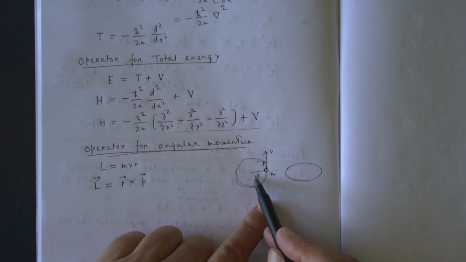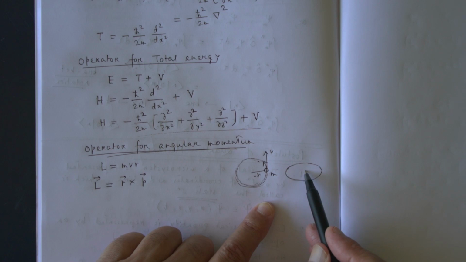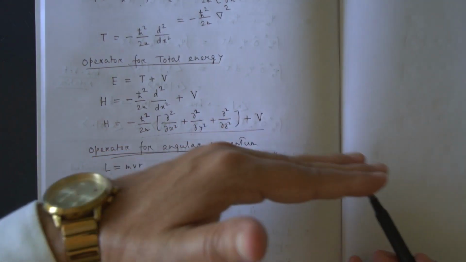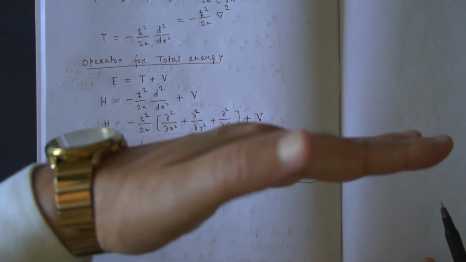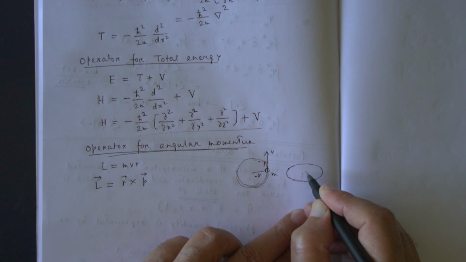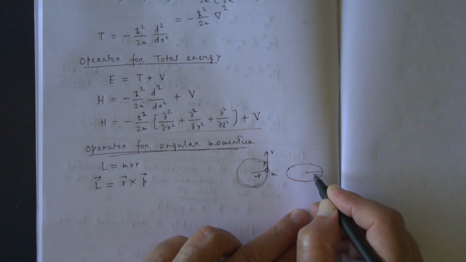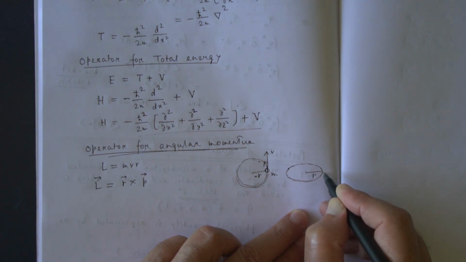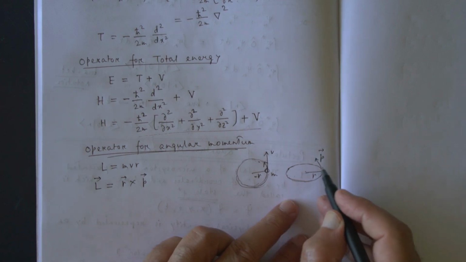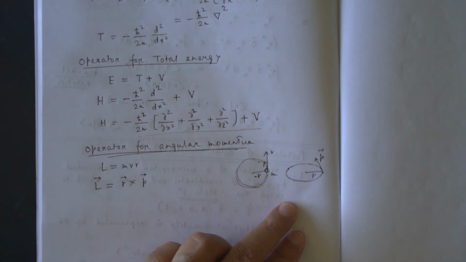Okay, this is the same circular path. This is on this plane and this is on this plane. That is the difference. So this is the radius vector, this is the momentum vector, and this is the angular momentum vector.